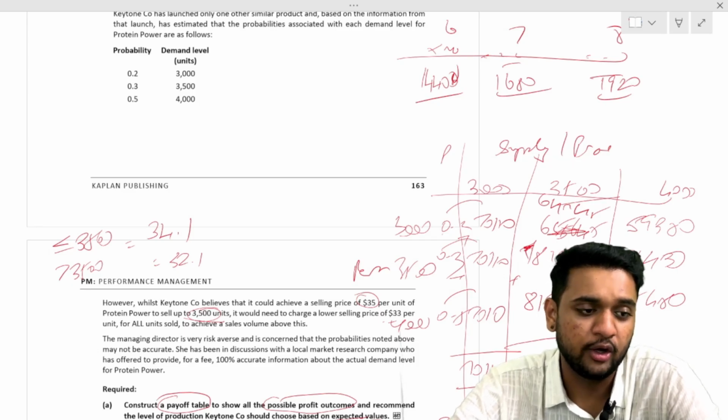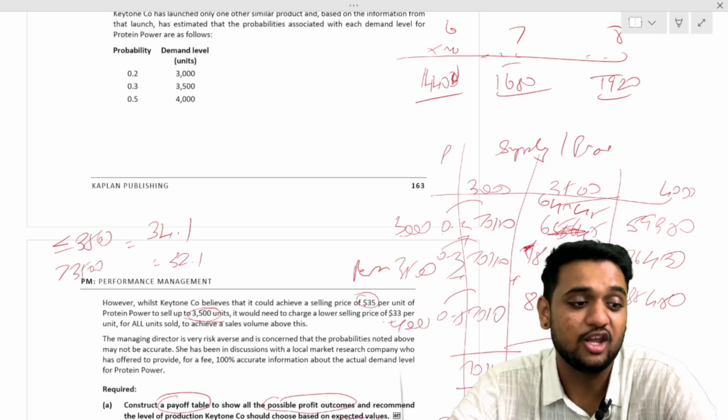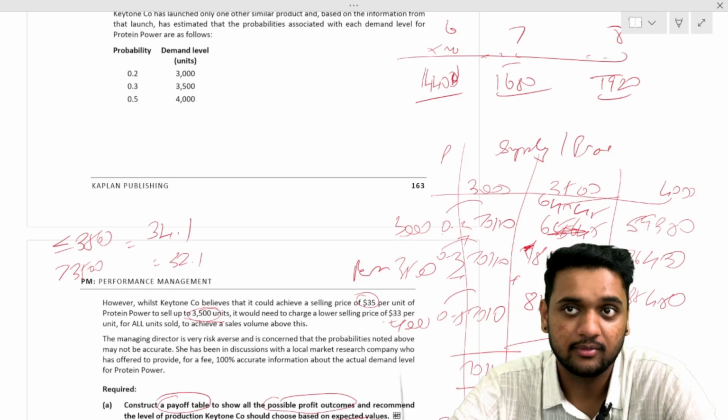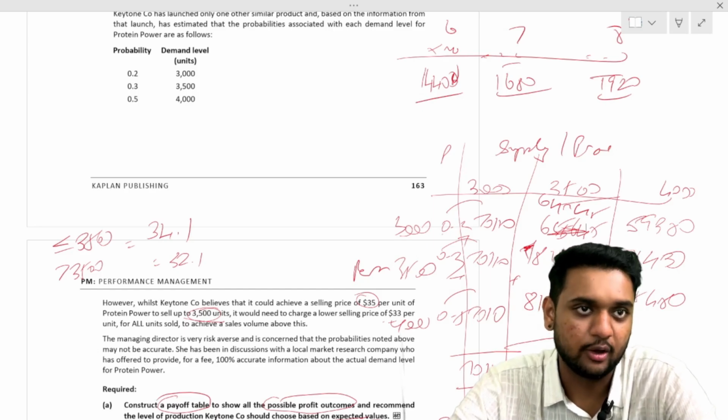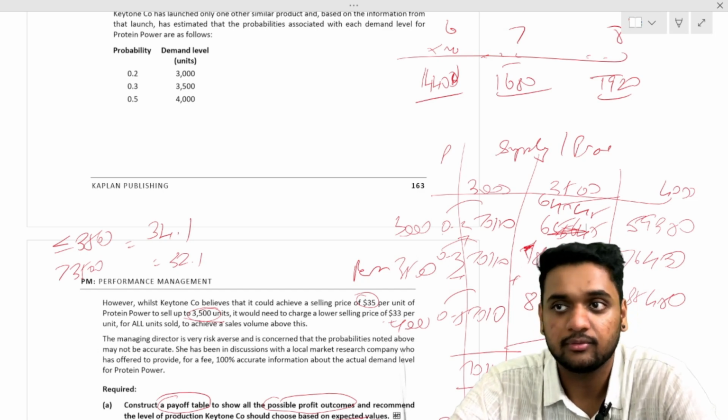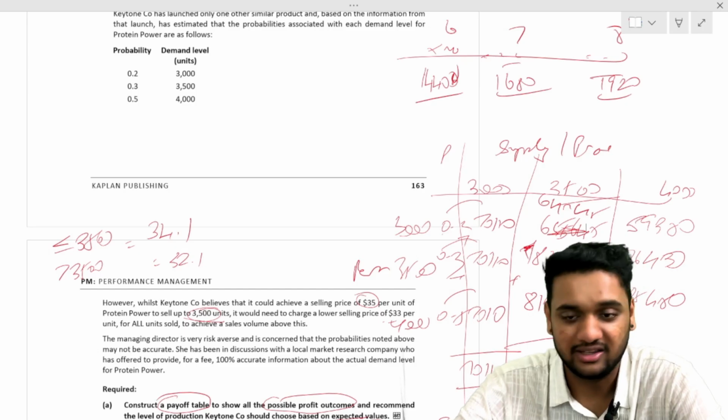Or you can do 0.2 into 64,745 plus 0.8 into 81,795. 0.3 plus 0.5, both ways you can do. You can do it separately or you can add it and do it. What are you getting? 78,385.